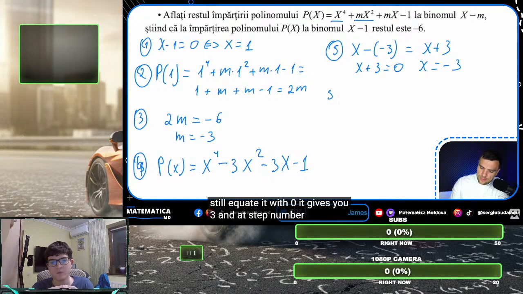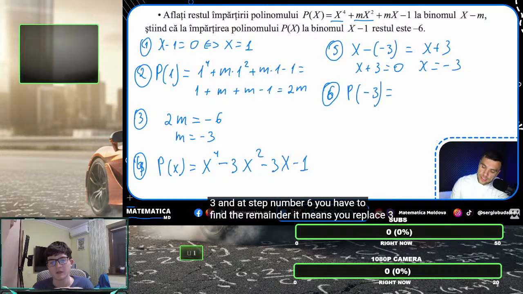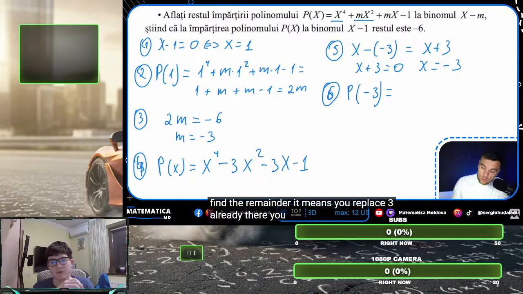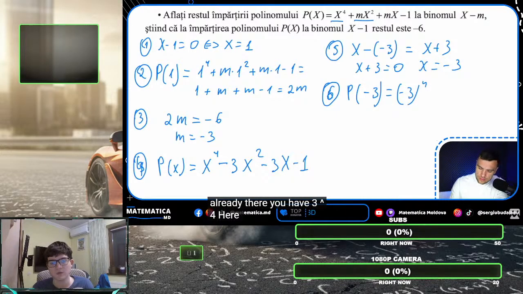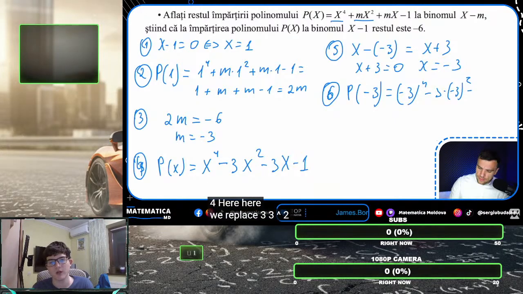And now you do p of minus 3. And it's going to be minus 3 to the 4th power. You switch the bloody sign there, what? M is minus 3.